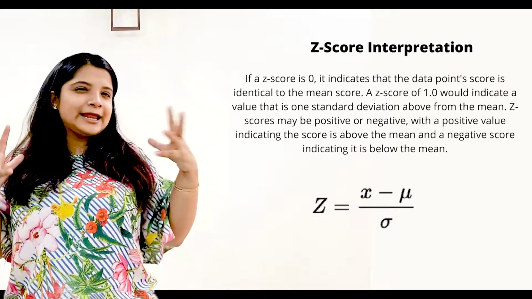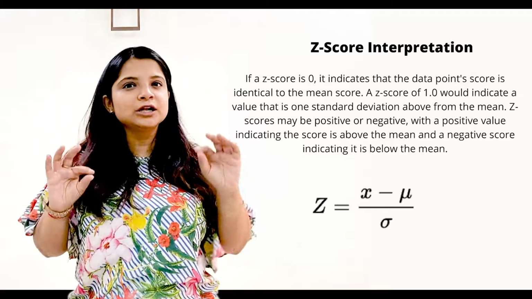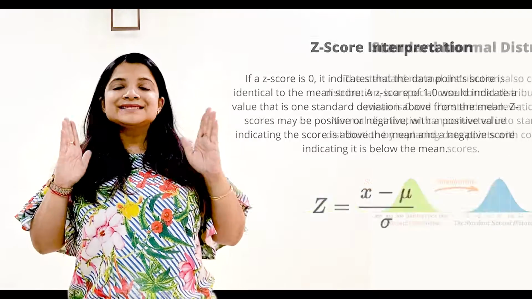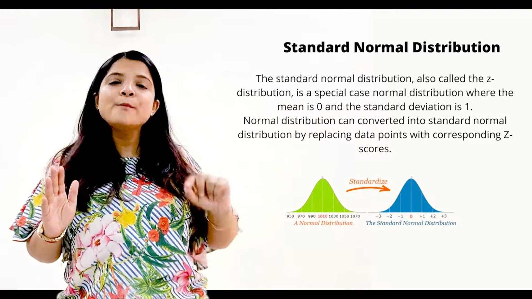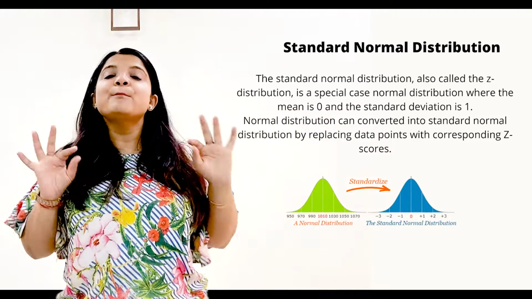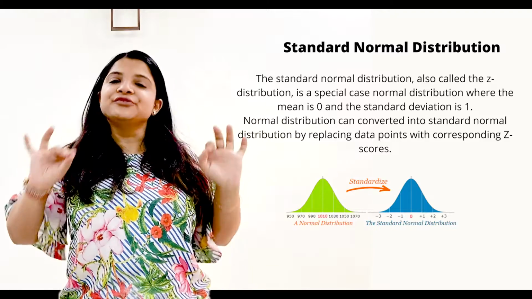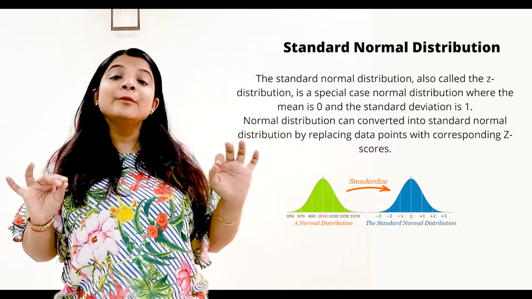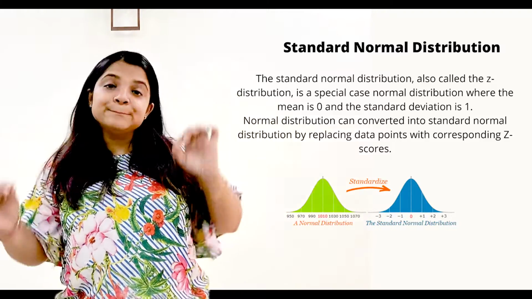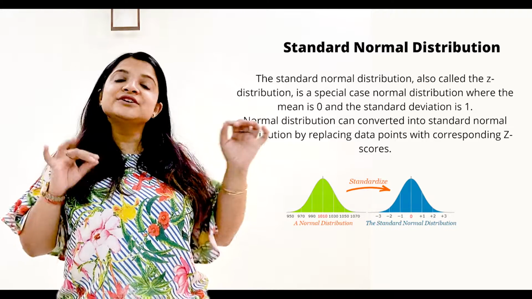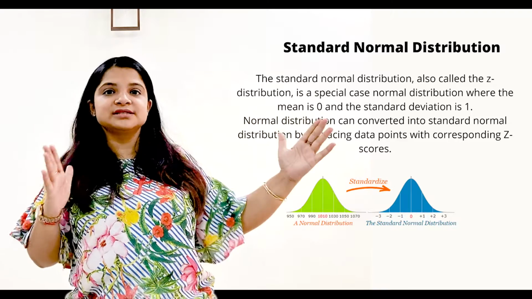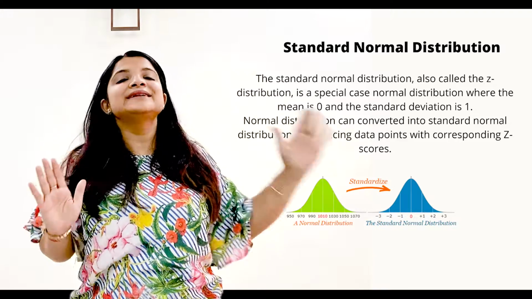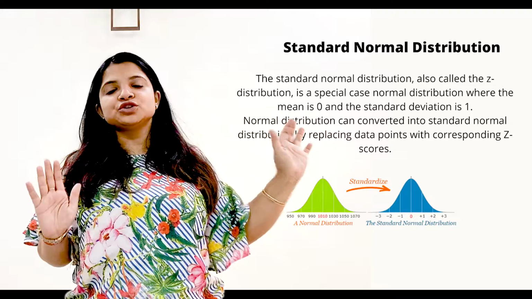Let me put it more simply, it's becoming a little difficult. It simply means the standard normal distribution tells you by how many standards my sample mean is different from my population mean. That is what we're trying to tell in the standard normal distribution curve.